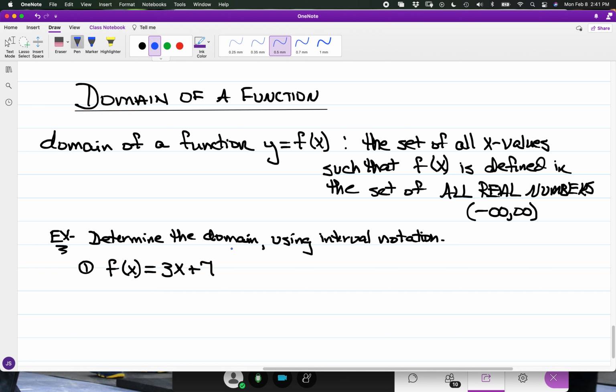So there's no limitation in terms of what x can be. x has no restrictions. So what results is that the domain of the function is the set of all real numbers. In interval notation, you have parentheses around negative and positive infinity.